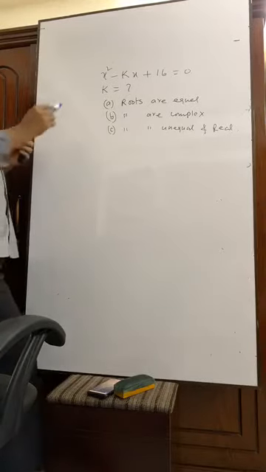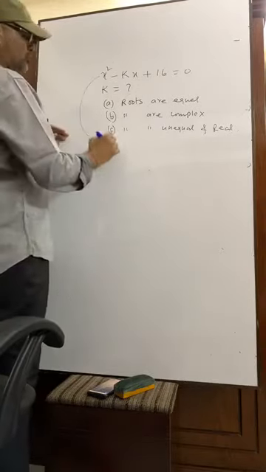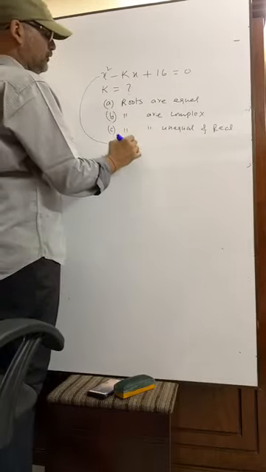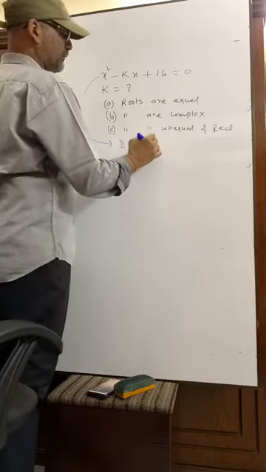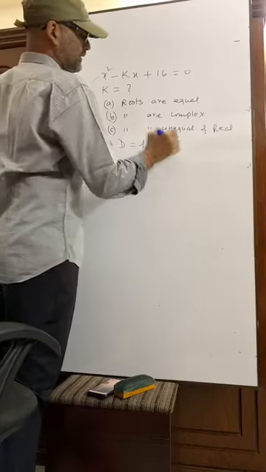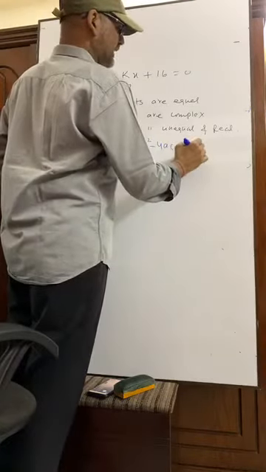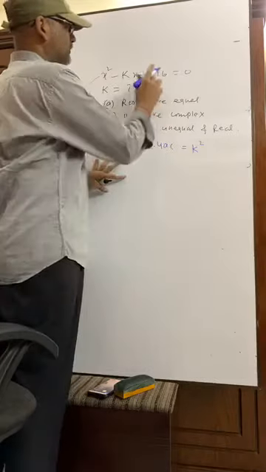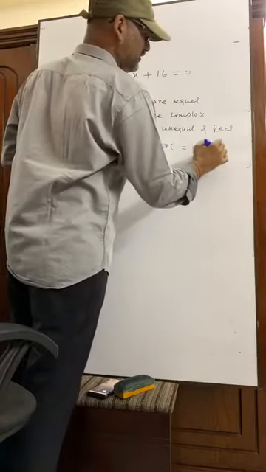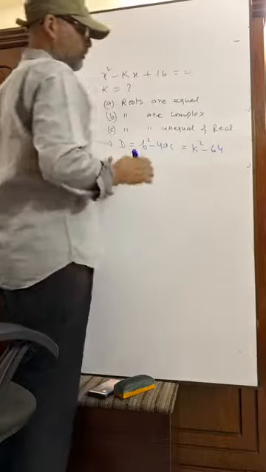D equals b square minus 4ac. That is k square minus 4ac, 16 times 4 is 64.